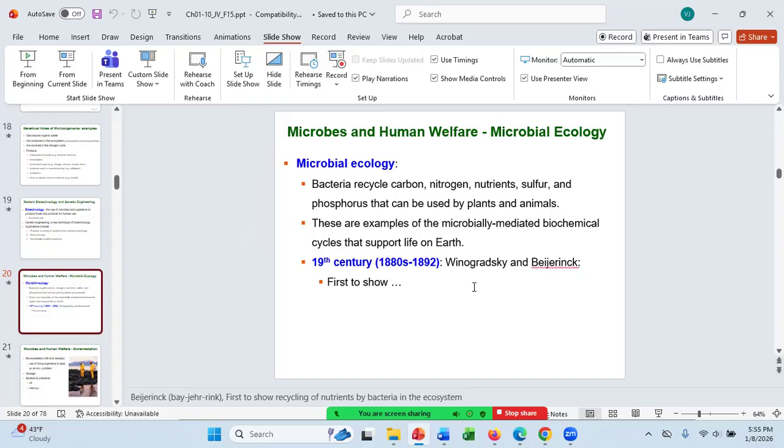So they were unique, and that is they studied many different microbes, and that's why they were able to find the microbial mediated biochemical cycles. Any question about any of that?